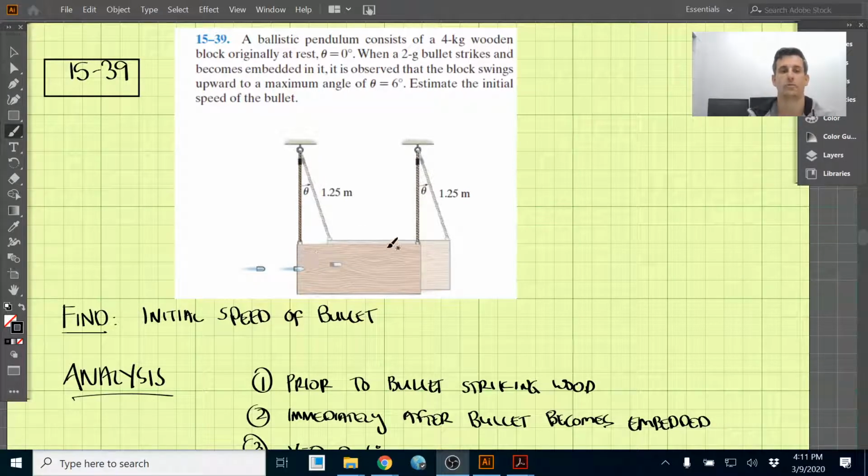All of that swings up to 6 degrees before it falls back down. And the wooden block is 4 kilograms, and we're looking to find the initial speed of the bullet right before it comes in contact with the wood.